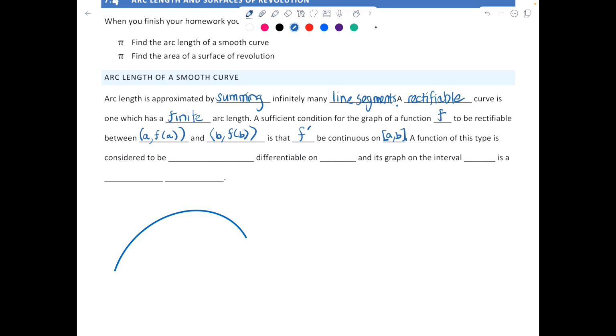A function of this type is considered to be continuously differentiable on the closed interval from a to b, and its graph on the closed interval a to b is called a smooth curve.